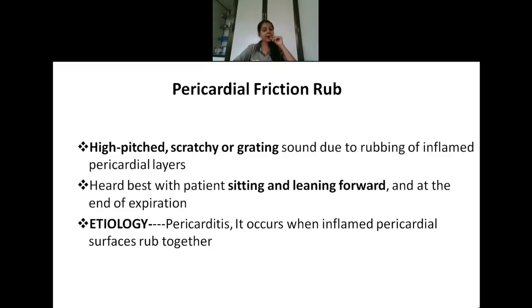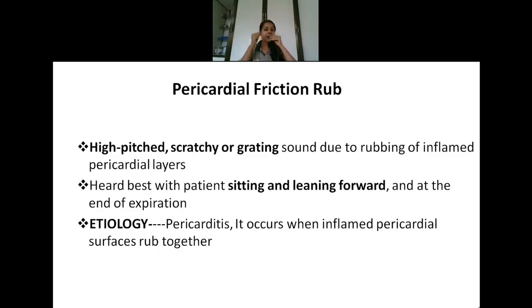Now pericarditis means there is inflammation of the pericardium of the heart. You know the pericardium, it is a layer, isn't it? Here there is inflammation of the pericardium. The pericardium is a covering of the heart. There are many other coverings like myocardium, endocardium and all.